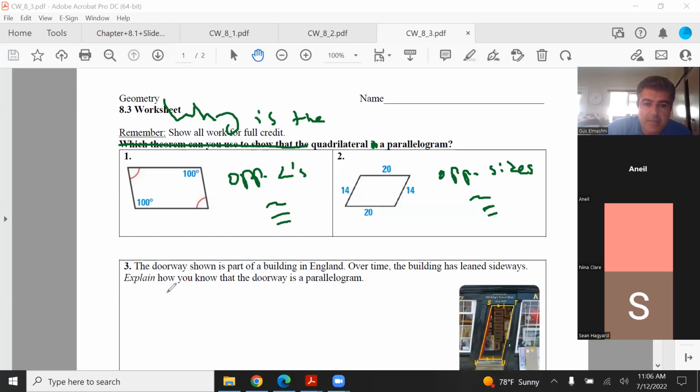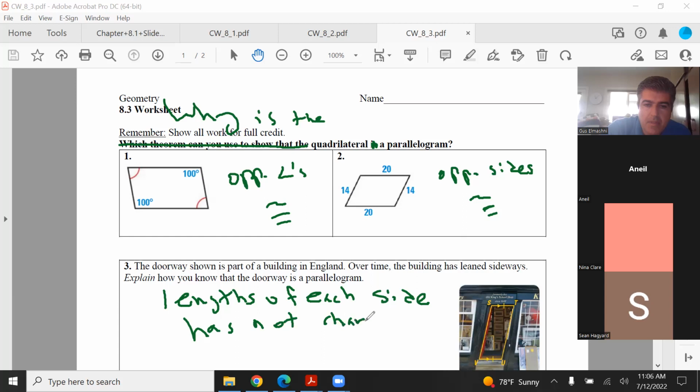That's because the length of each side has not changed, and it probably started as a rectangle. So that's just more open-ended, kind of thinking through it.